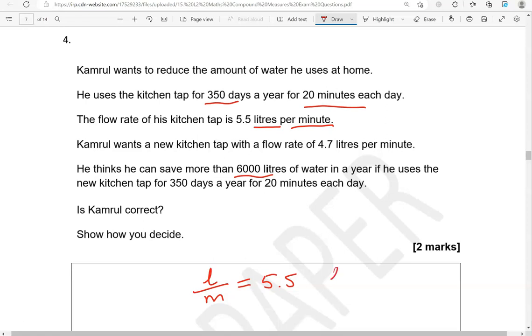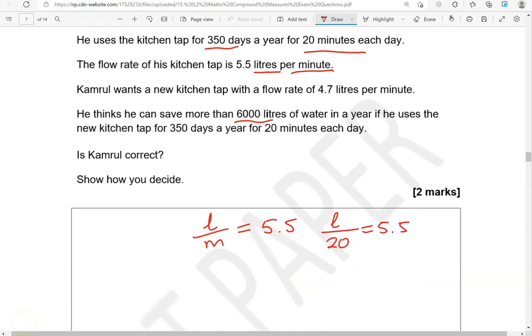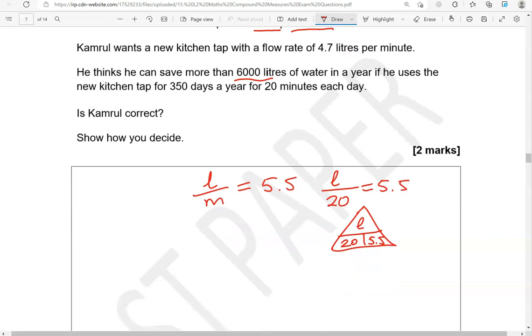So liters, which we need to work out, divided by minutes, that's 20 minutes per day, is equal to 5.5. So you see how this has formed a triangle as well. L, got the 20 here and the 5.5. So to work out L, we're going to do 20 times 5.5.